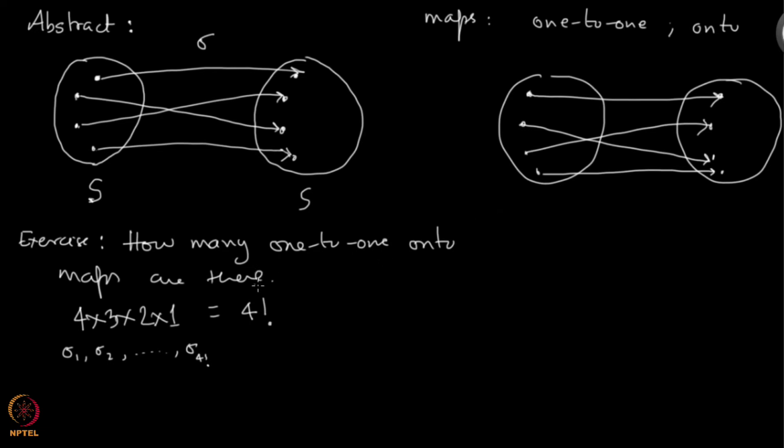Now, I will define a product of maps. So, sigma 1, sigma 2, these are all elements, these are all the maps, and I want to define a product sigma 1 dot sigma 2, and the product I will denote by dot.